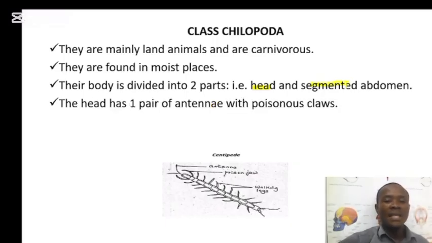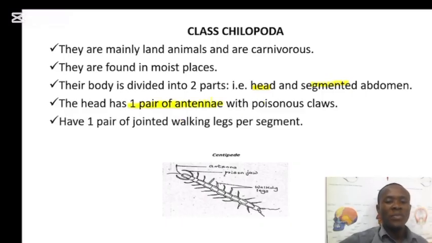The head has one pair of antenna with poison claws, which they use to inject poison into their prey. And they have one pair of jointed walking legs per segment, unlike the Diplopoda, in which they have two pairs of jointed walking legs per segment.